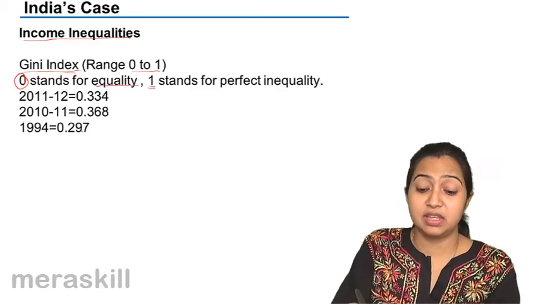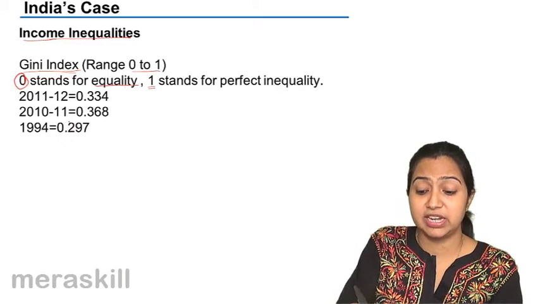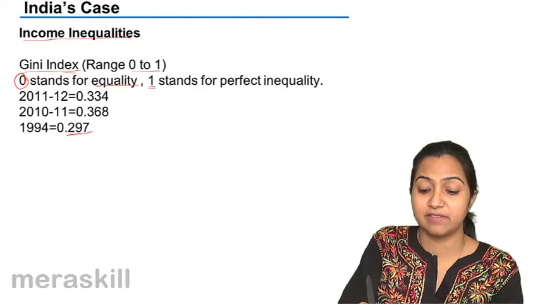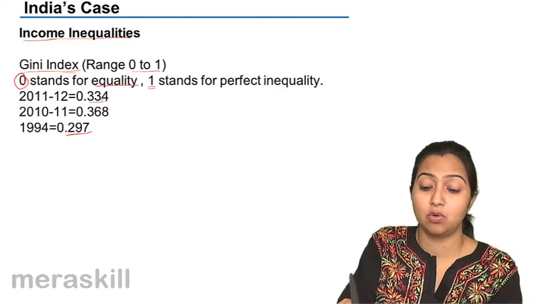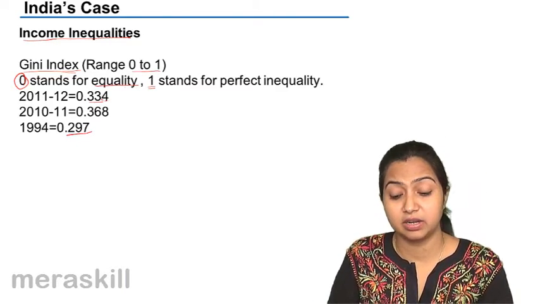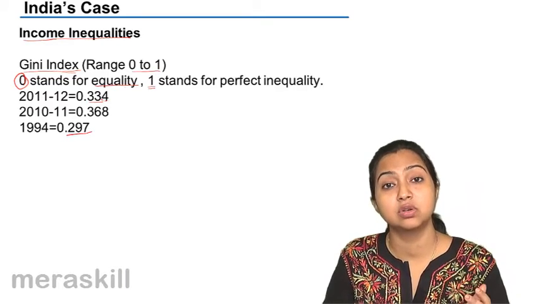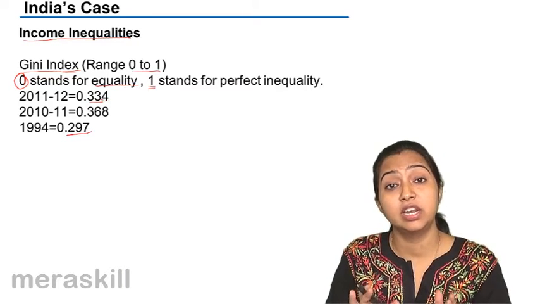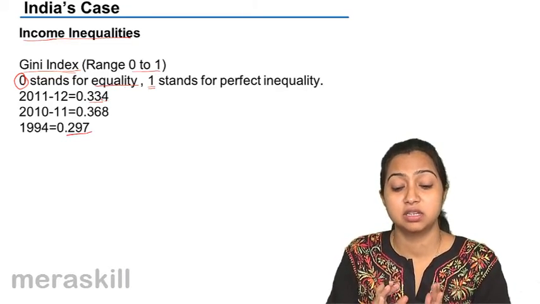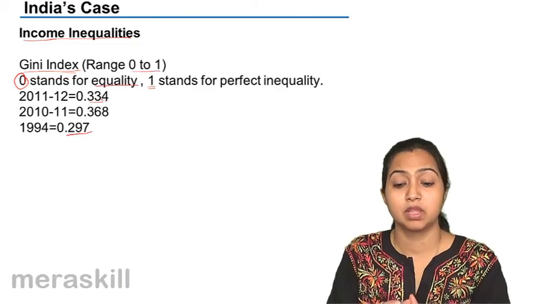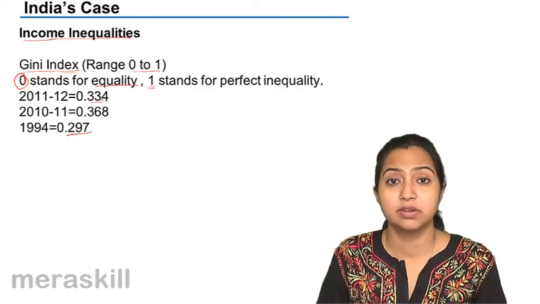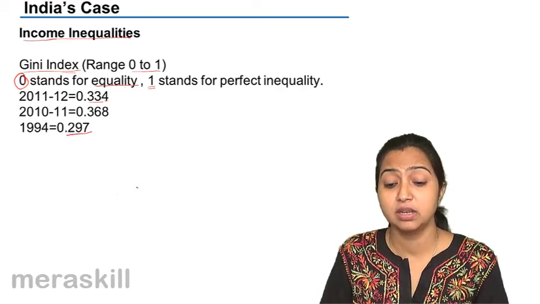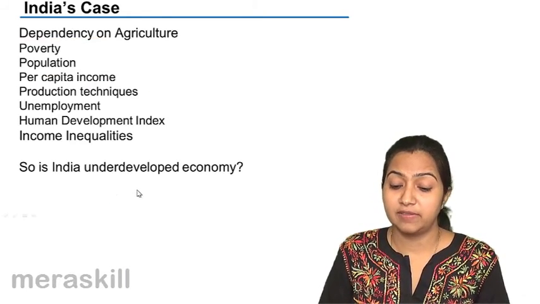As we can see, in 1994 the Gini index was 0.297 and in 2011-12 it is 0.334. What does it indicate? It has increased, which shows that the disparity or the inequality of income has increased over the years, which should not have been. So this is also one of the reasons why India is called a backward or underdeveloped economy.